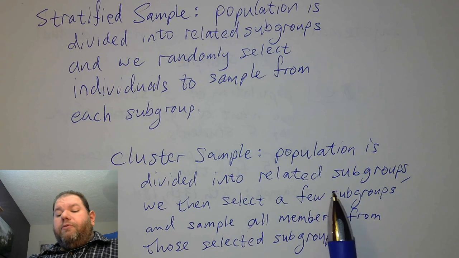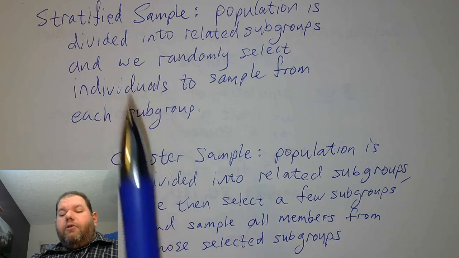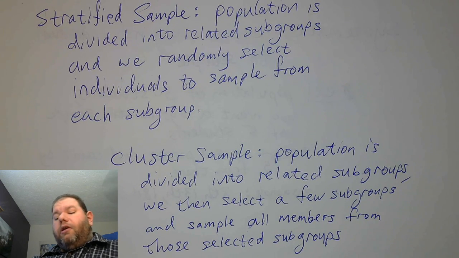Whereas with the cluster, we select a few subgroups and sample all members from those selected subgroups. So we'll only get a few from each group here, whereas with the cluster, we get all members from just a couple groups. It may only be one group. It just depends on how large our population is and how large we would like our sample to be.